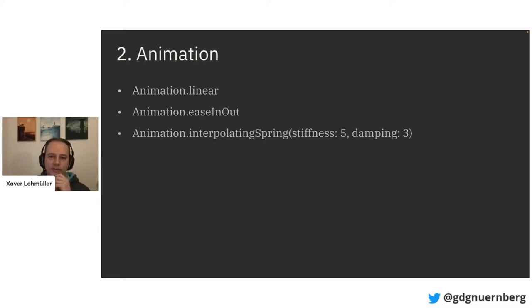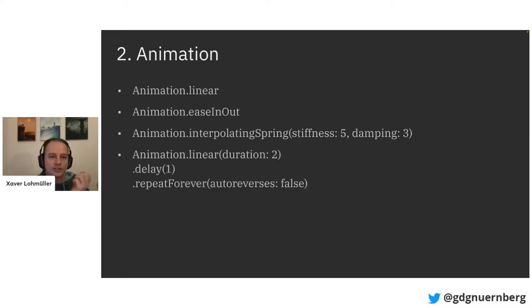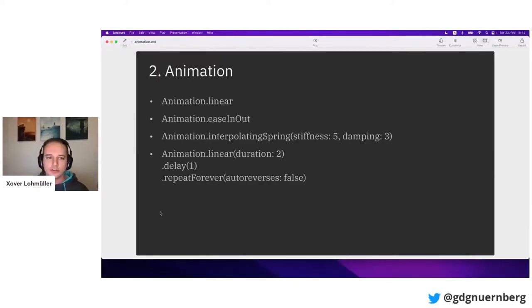And really popular is also the spring, which we also saw in Jetpack Compose with the beautiful drawings on the slides of Maya. And like I said, we can compose them by just chaining on more animations. And let's go to the action now.